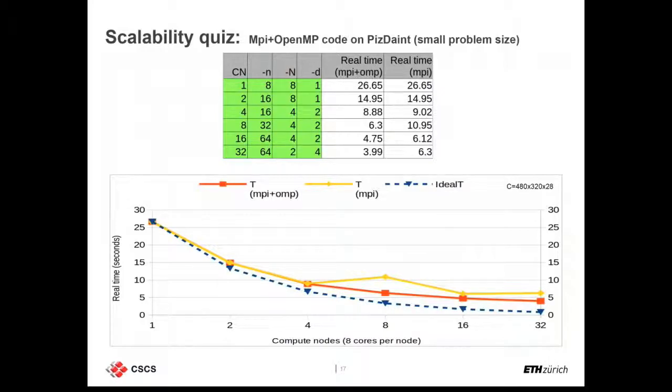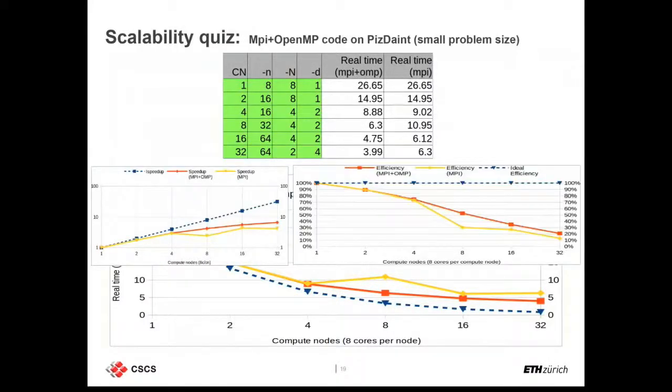If you look at the speed up or at the efficiency, you can see that the MPI only version of the code scales probably up to 4 nodes, and the MPI and OpenMP version of the code scales, I would say, with a good scaling, up to only 8 nodes. So there is probably no reason to run with more than 8 nodes for that configuration. Otherwise, you will just waste resources and time.